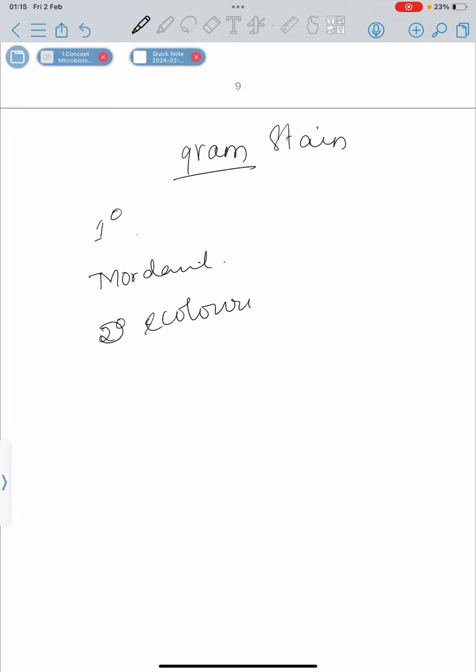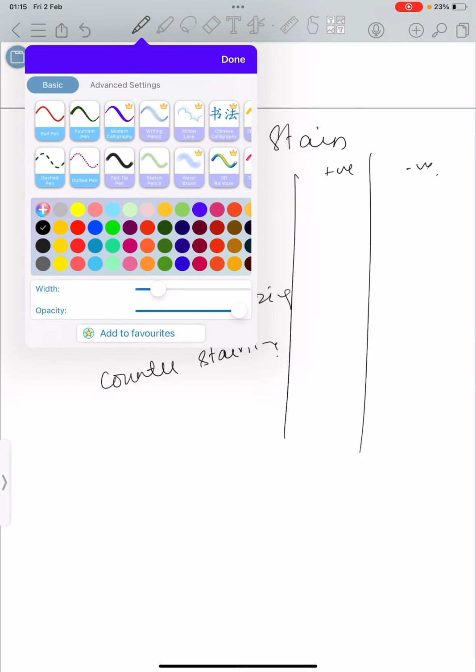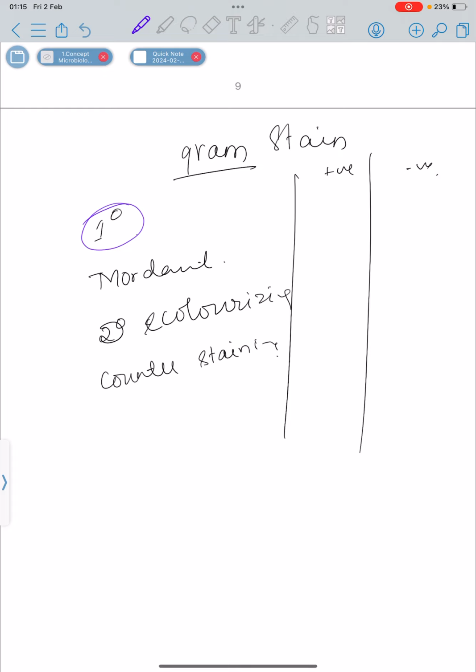So the gram stain has 4 steps: primary staining, mordanting, decolorizing, and finally counter staining. In the case of gram positive and gram negative, when we applied primary staining, both took purple color.